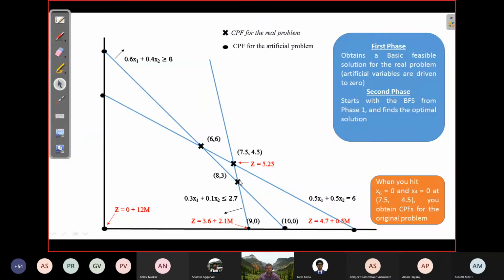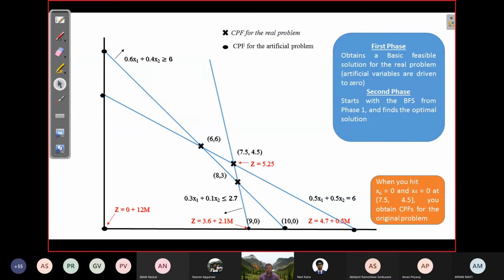So now from 8.3, if you recall, in the Big M method we had moved to 7.5, 4.5, right? But here in the two-phase method, from 8.3 we are going to 6.6. Okay, and there you see that all artificial variables are 0 and their objective value is also 0, right?